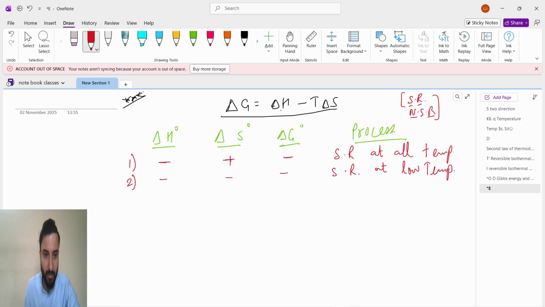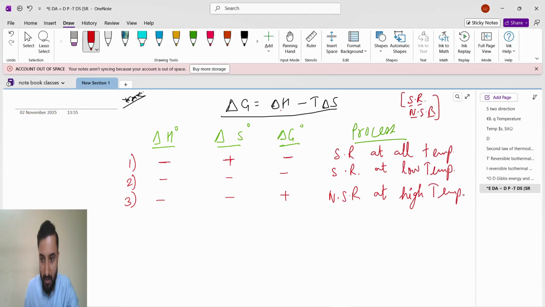In the third one we will write delta H is positive, delta S is negative, delta G is positive: non-spontaneous reaction at high temperature. Next, the fourth one is delta H positive, delta S also positive, delta G also positive: non-spontaneous reaction at low temperature.